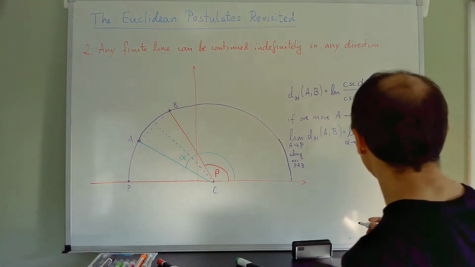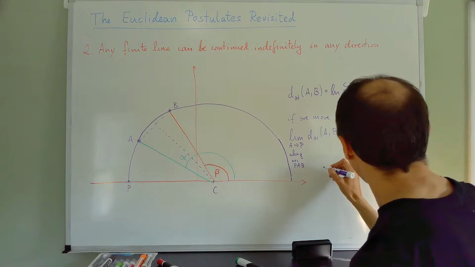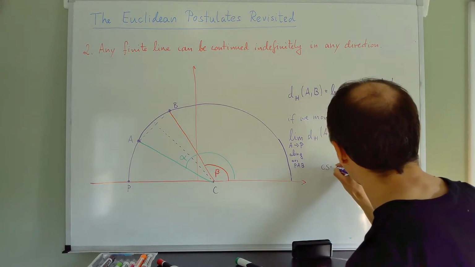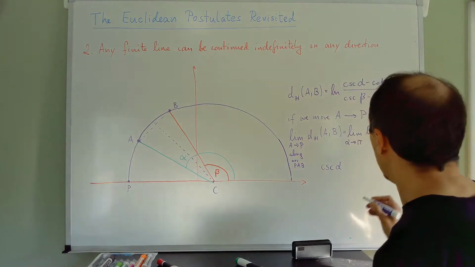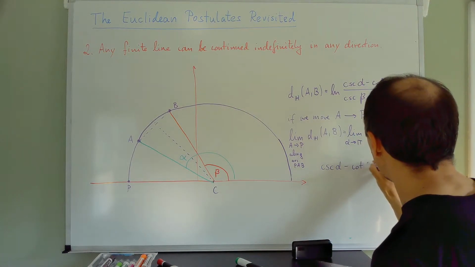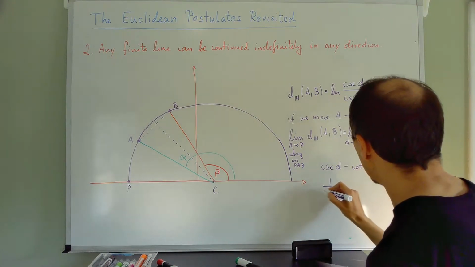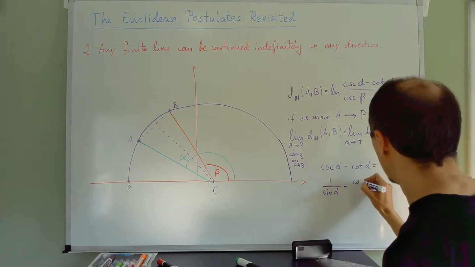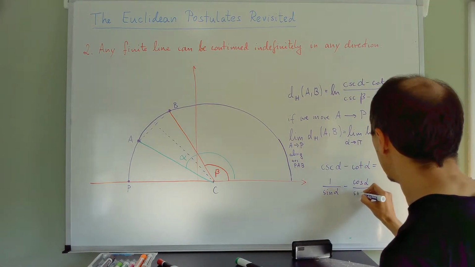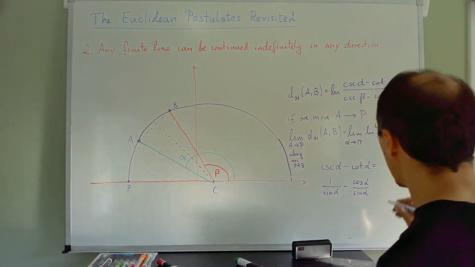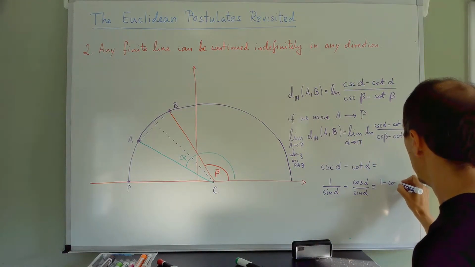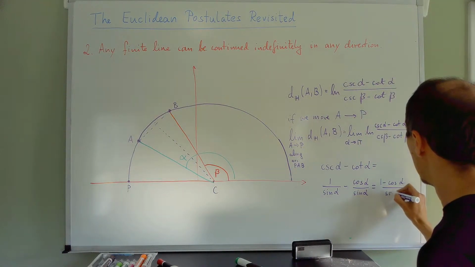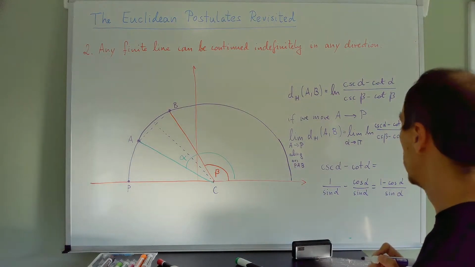So what's cosecant of alpha minus cotangent alpha? That's 1 over sine alpha minus cosine alpha over sine alpha. So that is 1 minus cosine alpha over sine alpha.